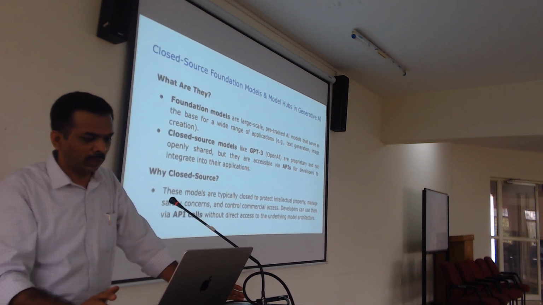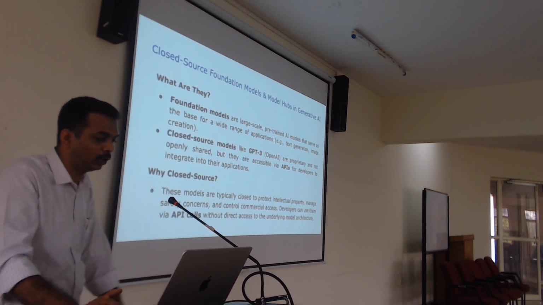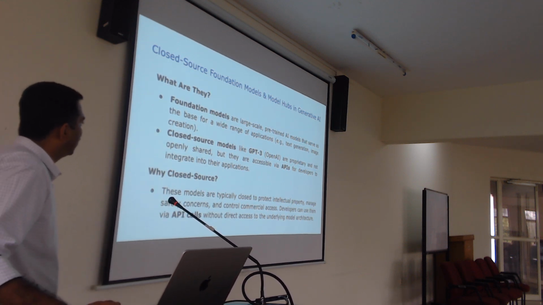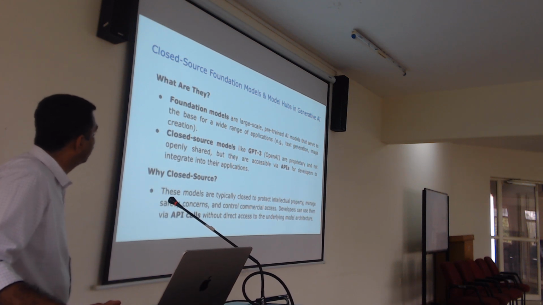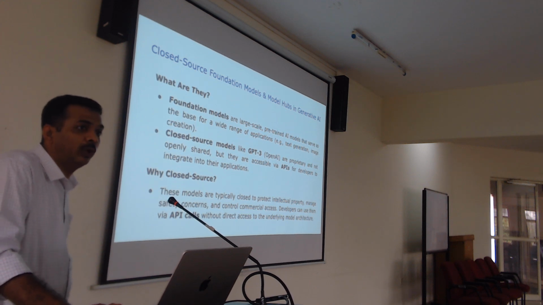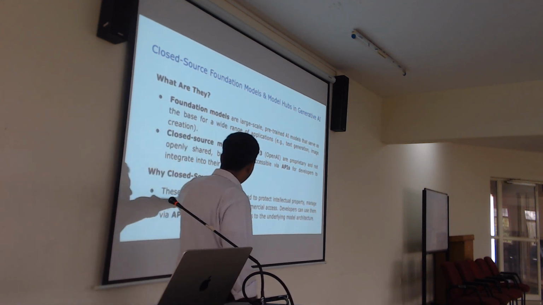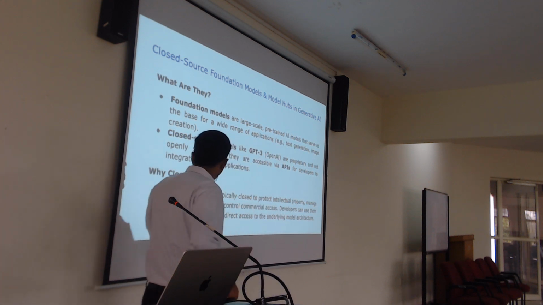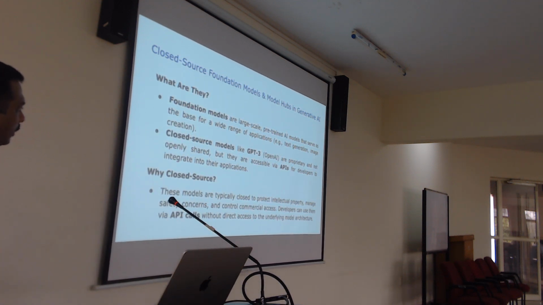Then, yes, closed source models like GPT are proprietary and not openly shared, but they are accessible via APIs for developers to integrate into their applications, right? So this is what closed source foundation models generally do. Why closed source? Typically to protect IPR, manage safety concerns and control commercial access.